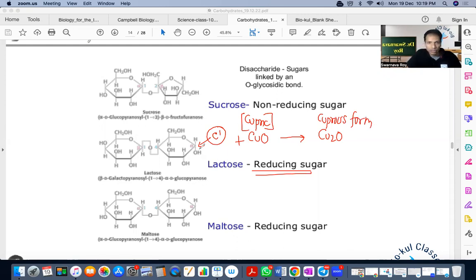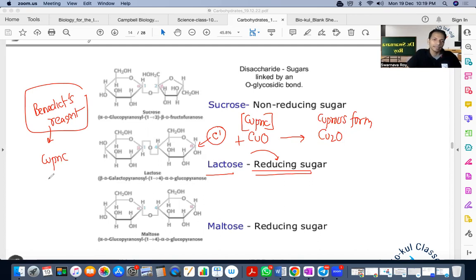So the reducing sugar, if the anomeric carbon is free, just like in case of lactose, which is a reducing sugar, lactose can react with any kind of copper salt, just like in Benedict's reagent. Benedict's reagent is basically a type of reagent which is copper based, and it has this cupric solution, where the copper is in the +2 state.